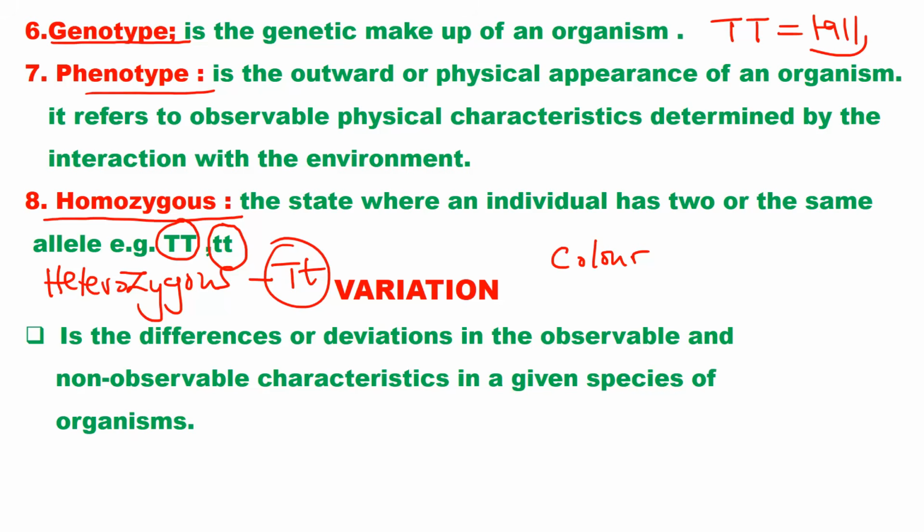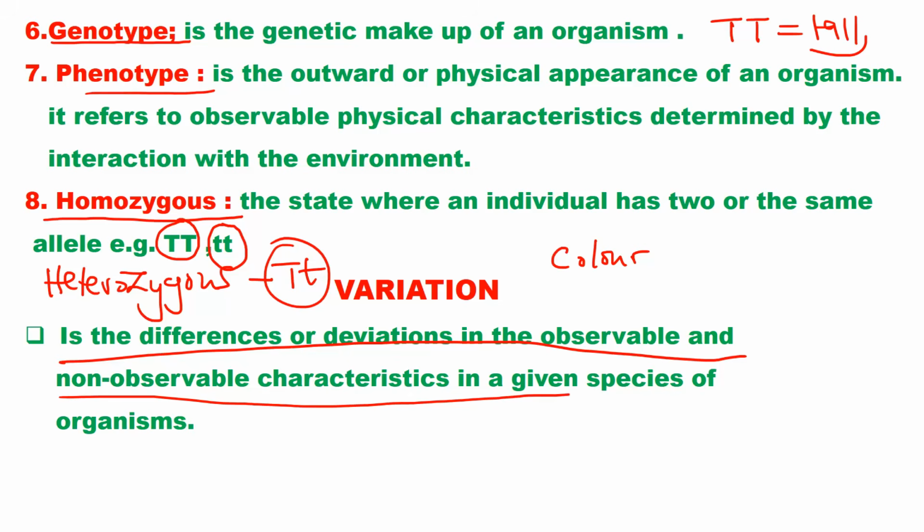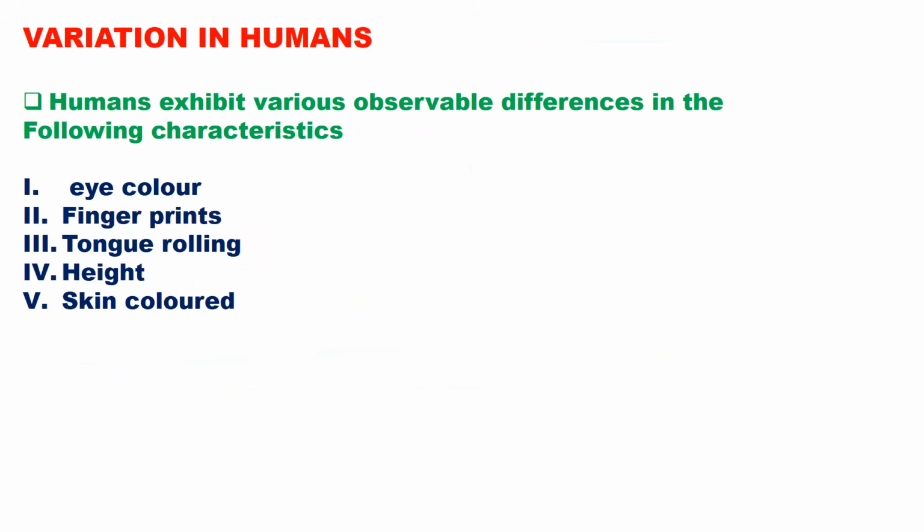So what is variation? Variation is just the differences or deviation in the observable and non-observable characteristics in a given species of organisms. That is what we call variation.